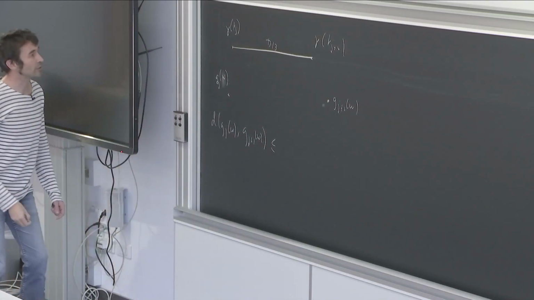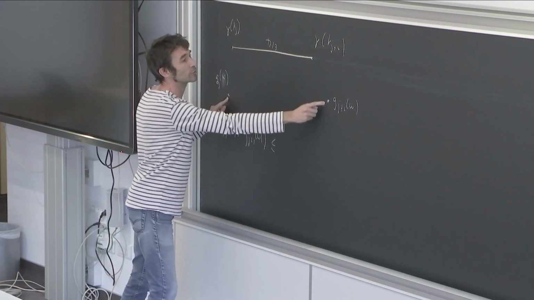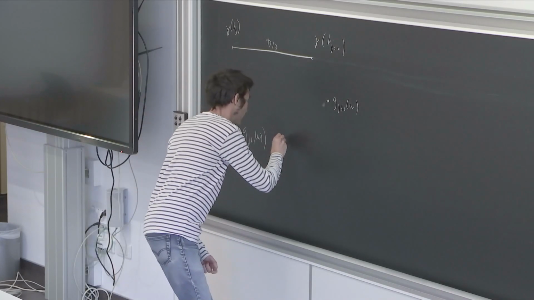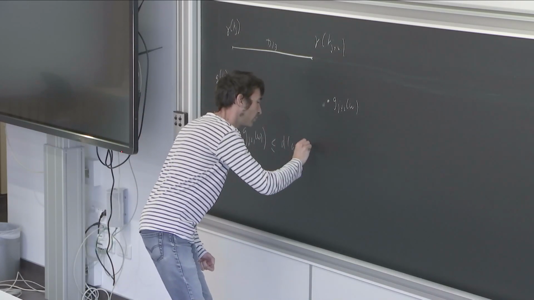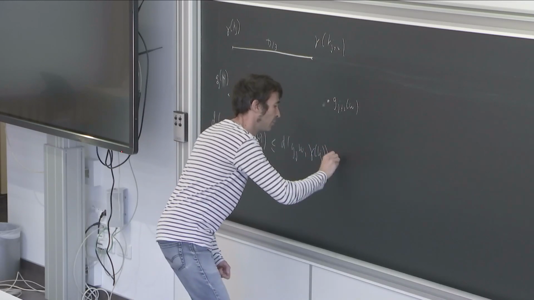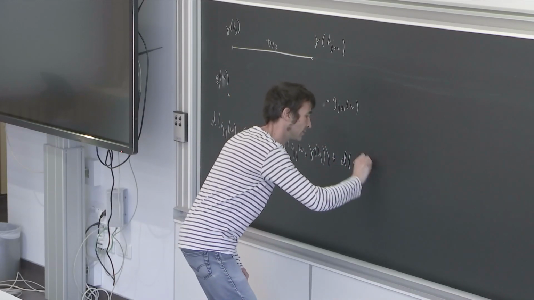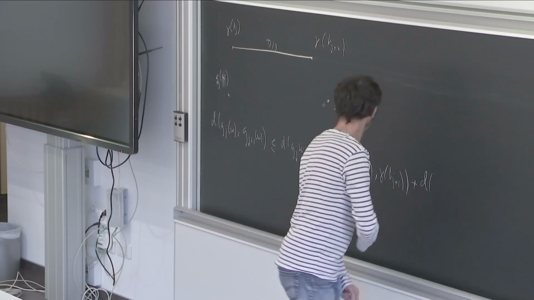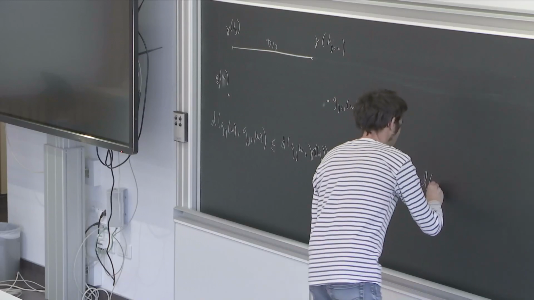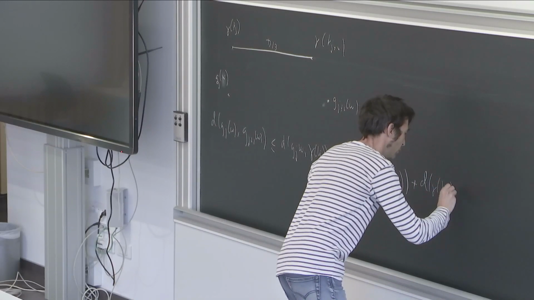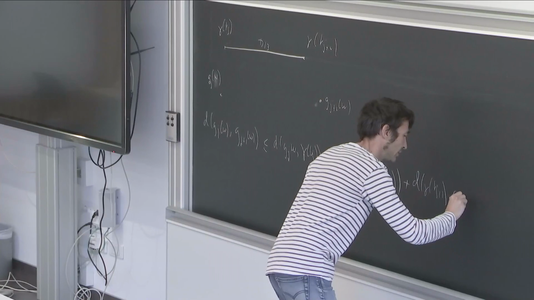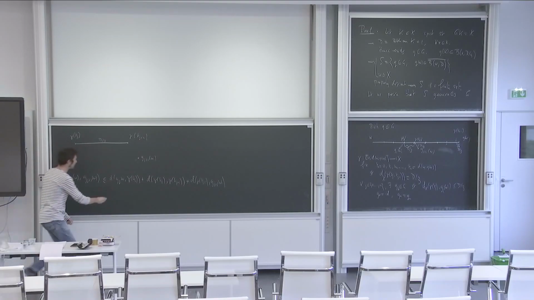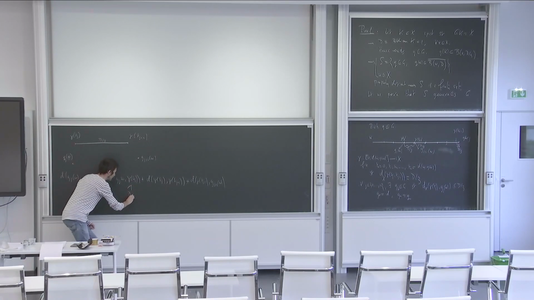And I will use the triangle inequality, saying that I can control it using the 2 points in my segment. So this is smaller than the distance from Gj of W to gamma of Tj, plus the distance from gamma of Tj to gamma of Tj plus 1, plus the distance from gamma of Tj plus 1 to Gj plus 1 of W. And so this, I know it is strictly less than d over 3.